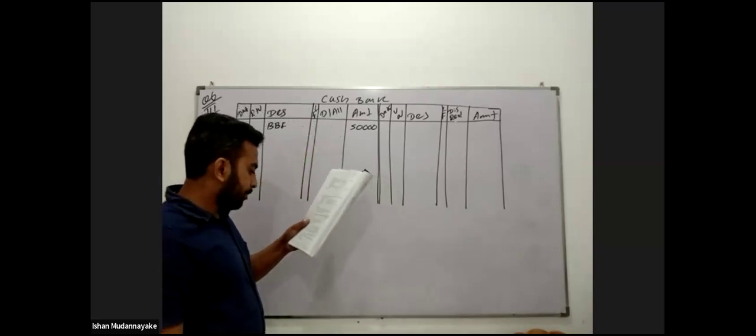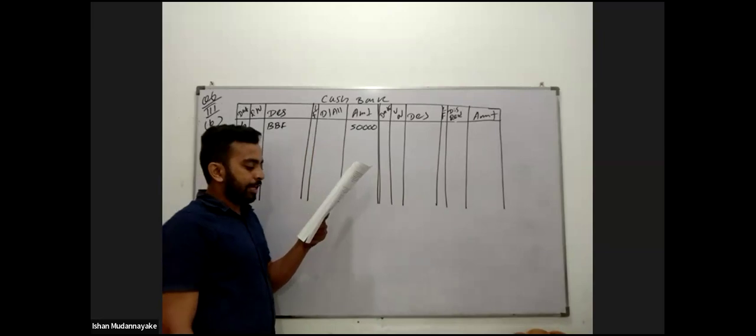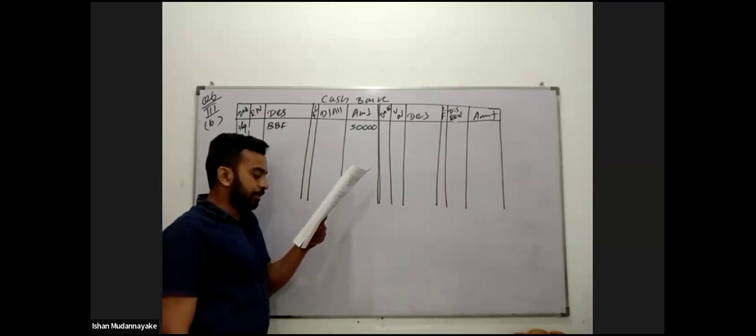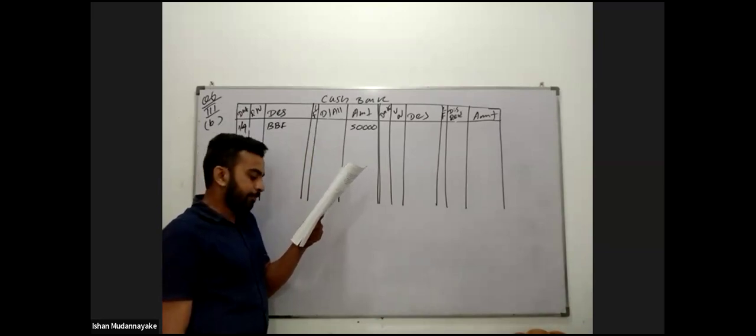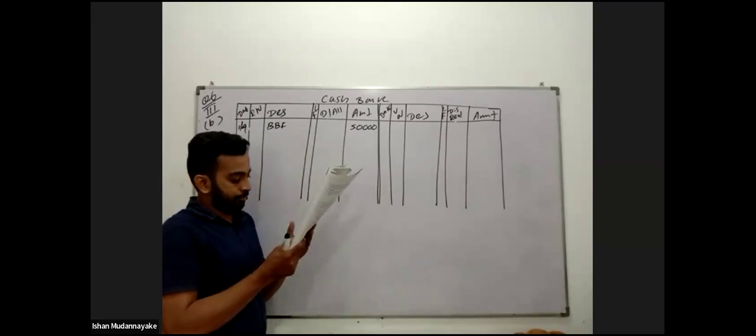And the instance, the following transactions have taken place during the month of April. What are the transactions? 4th April, discount of 2,000 allowed to Committee when settling his due of 18,000.